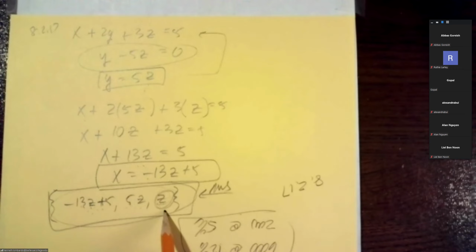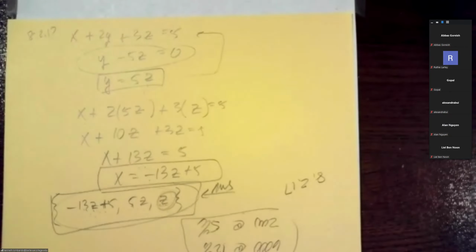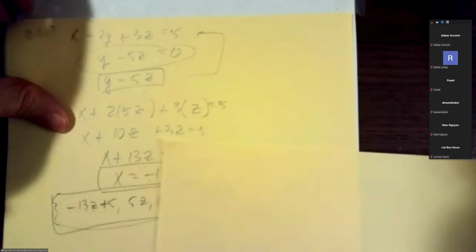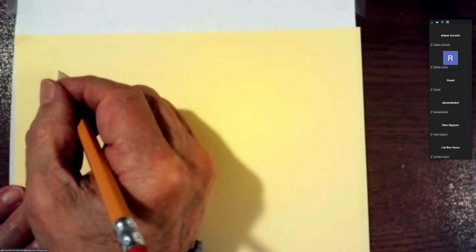Go ahead. I had a question. The book says to use Gaussian elimination, which the book says is the matrix. So could you show how we would solve that using the matrix? If we want to use a matrix, we would put in our equations.